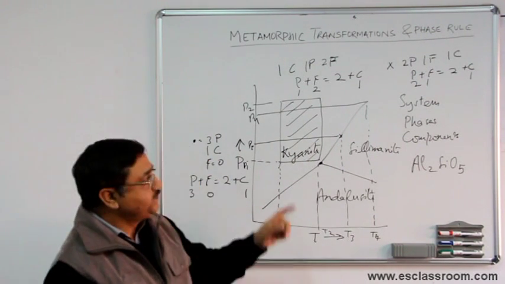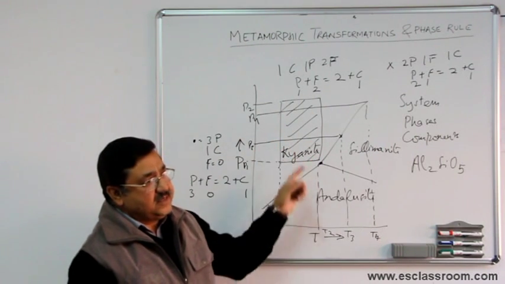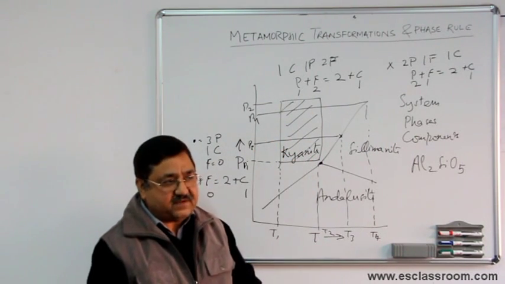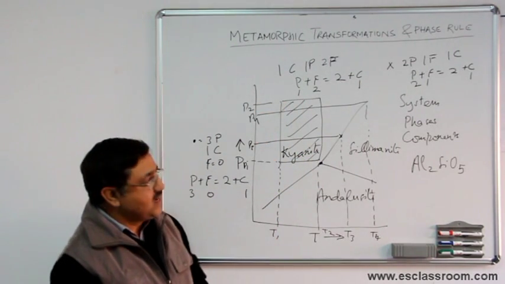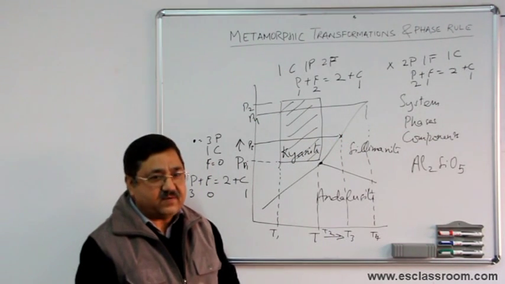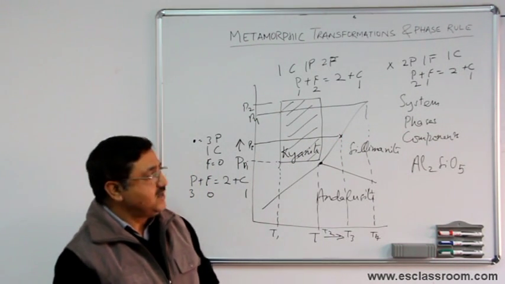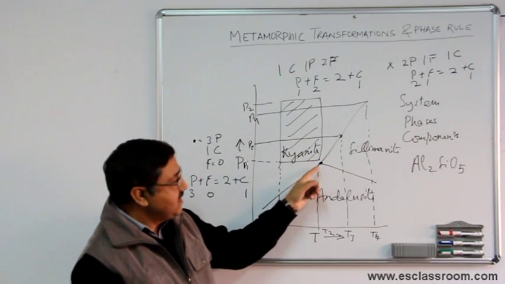For example, in this area we can change both the variables, so this is known as a divariant area. Whereas along this line we can change one variable independently, so this is known as a univariant line.